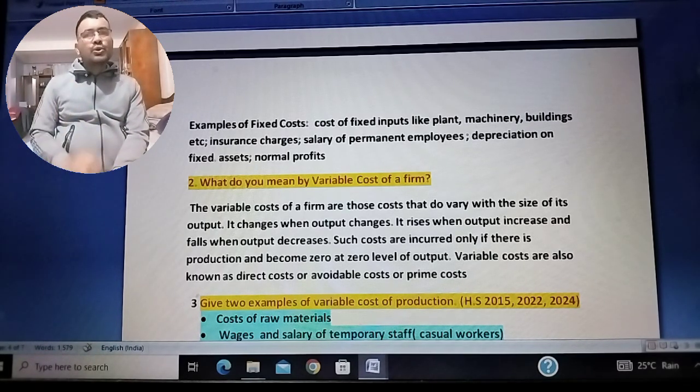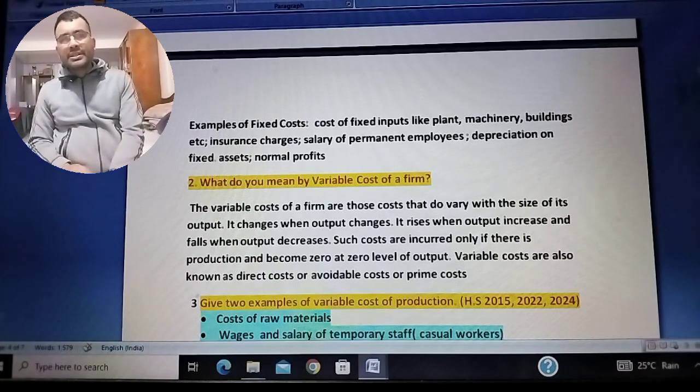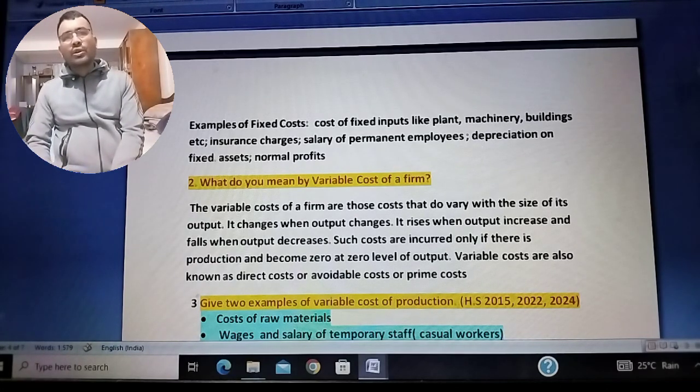These are those costs which do vary with the size of output. It changes when output changes. It rises when output increases and it falls when output decreases. Such costs are incurred only if there is production and become zero at zero level of output. Variable costs are also known as direct cost or avoidable cost or prime cost.